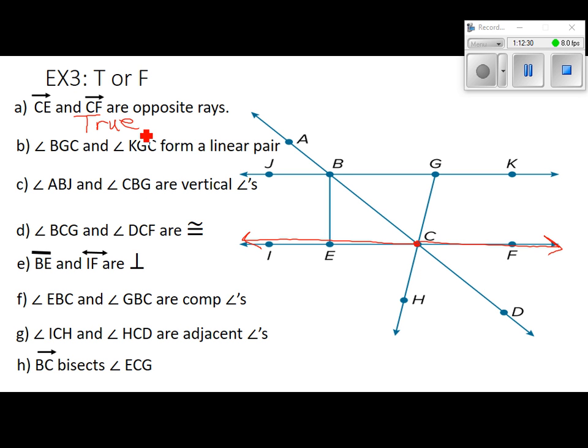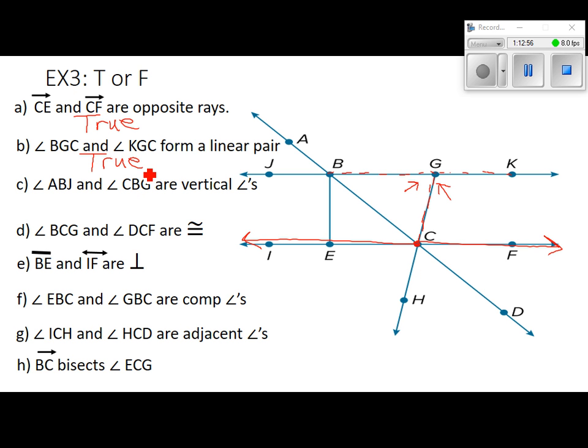Angle BGC, that's this angle right here, and angle KGC, that's this angle, are a linear pair, so they add up to 180. And yes, we can assume that that is true. Those two together are going to add up to 180.